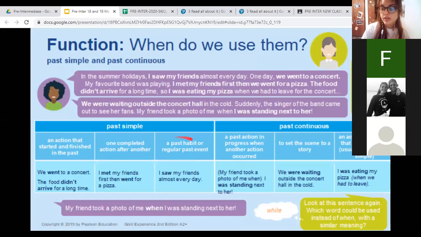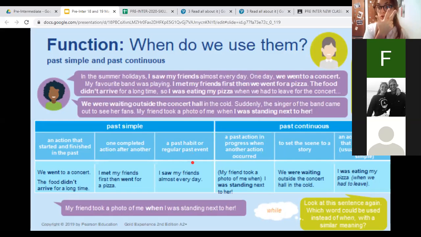Does it sound familiar? This is the past version of the present simple. So if I have a habit in the present, I will use the present simple, like, I wake up at 7 a.m. Now I am on holidays, so I say, I woke up at 7 a.m. That is a past habit.